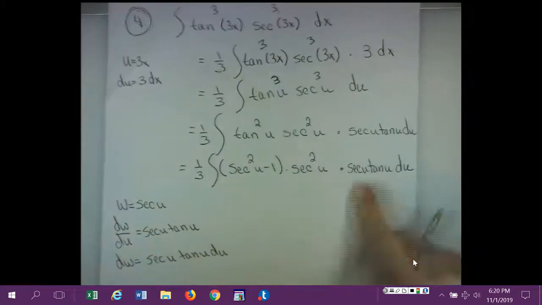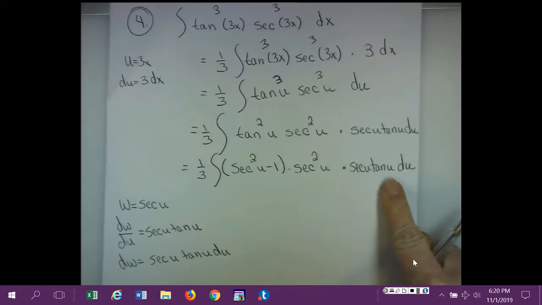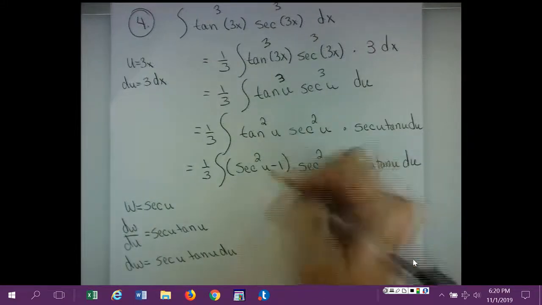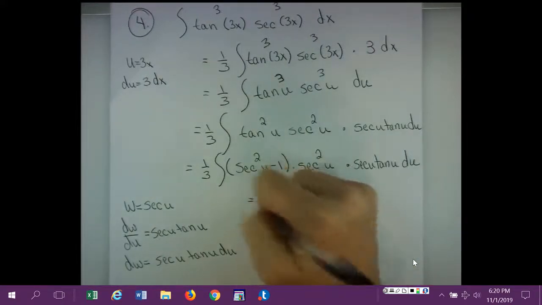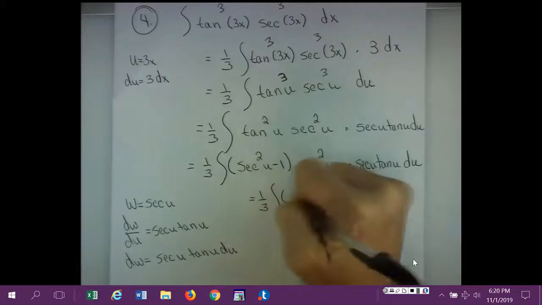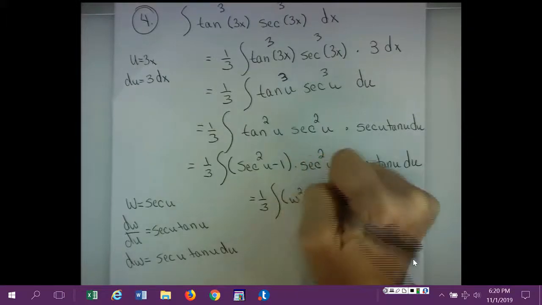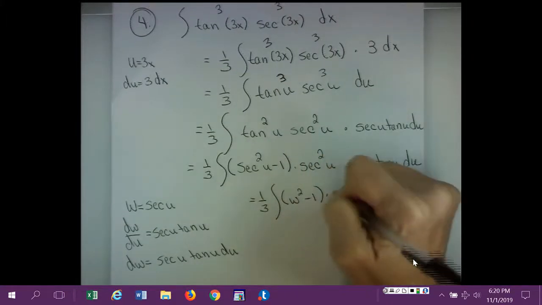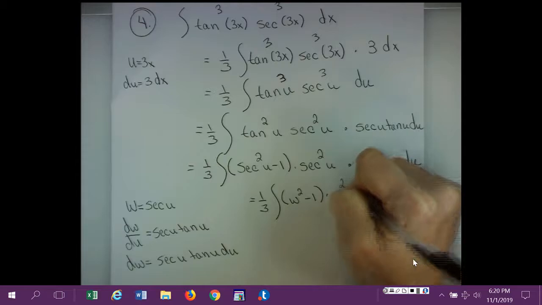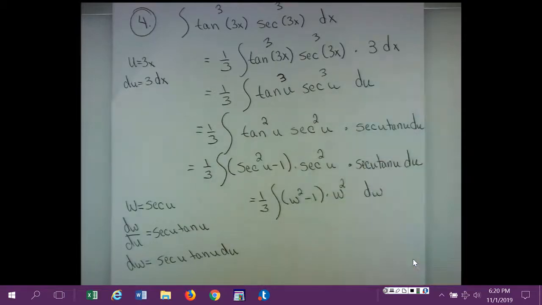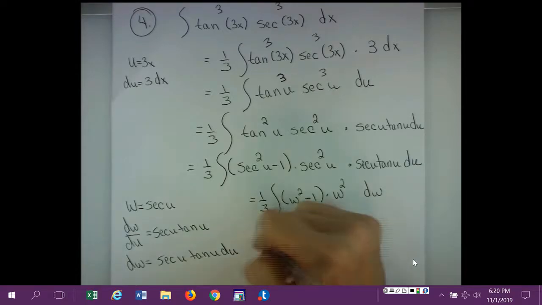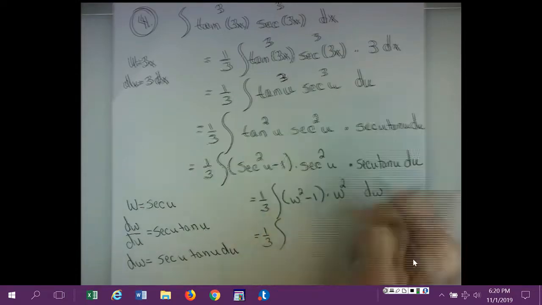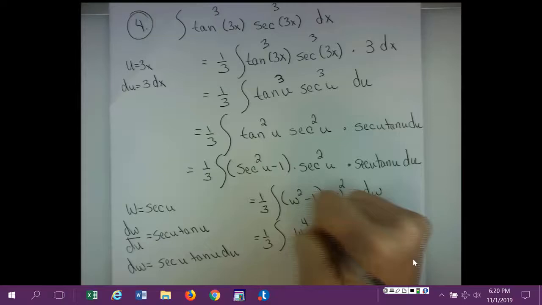And we already have that here. So you can go ahead and multiply everything out, but I'm going to change over to w. W squared minus 1 times w squared dw. So w is secant u. Then you'll have to distribute the w squared, and that's going to be w to the 4th minus w squared.